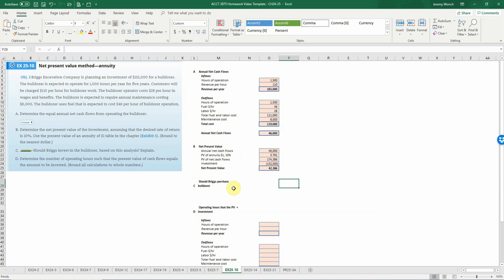So yes, anytime a net present value number is positive, it's a go. If it's negative, that means it doesn't meet our standards. You could actually have a negative net present value and still be a profit. It just means that it doesn't meet our return of 10%.